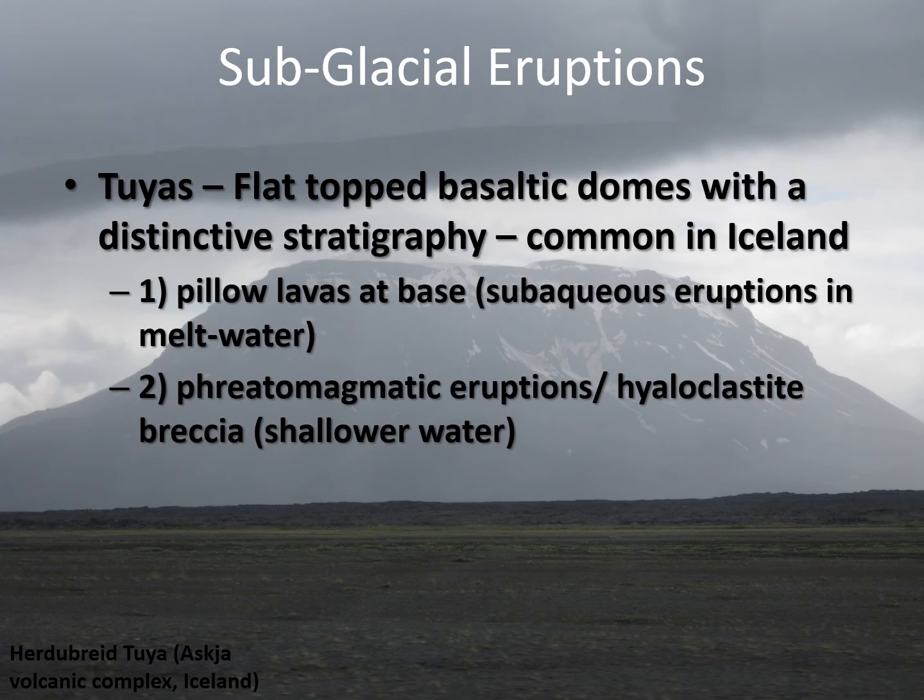And then you get lots of ashy, clayey breccias that are indicative of what we call phreatomagmatic eruptions. So there's new magma coming in, in this case basaltic magma, and it's interacting with the meltwater in an explosive manner.